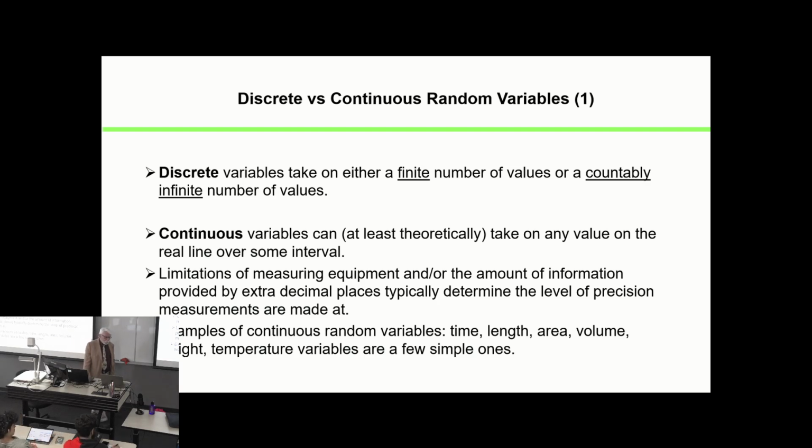You're going to measure it to a certain number of decimal places, but nothing says that you couldn't go to an extra decimal place. Would you agree? And if you had the equipment, you could go to another decimal place and another decimal place. And you could just keep getting down to more and more decimals. There's really no limit to how many decimal places you might be able to measure if you had the equipment to do it.